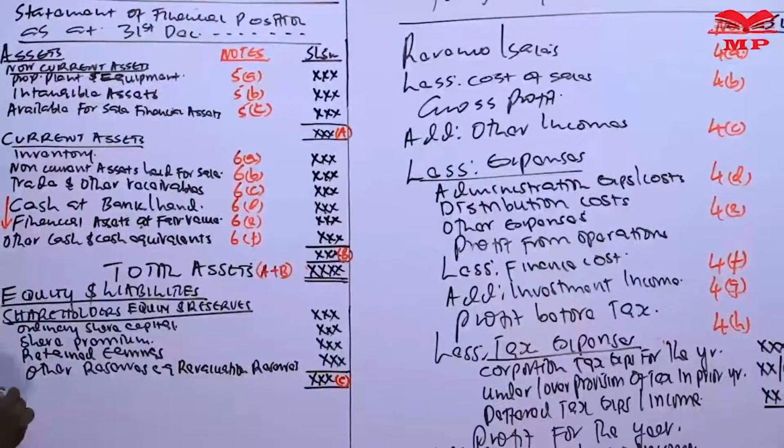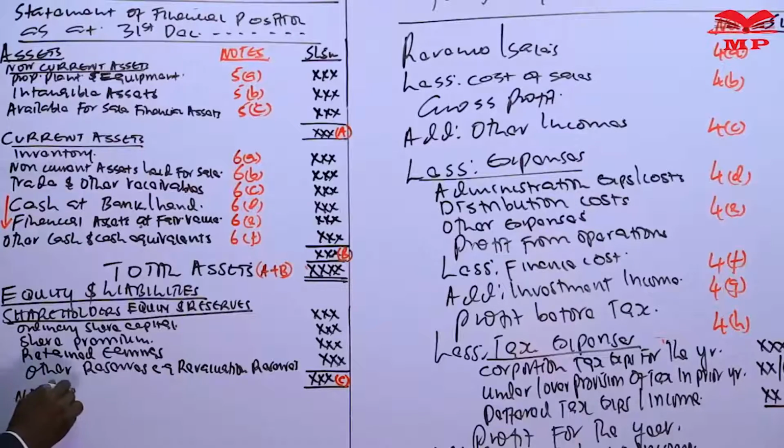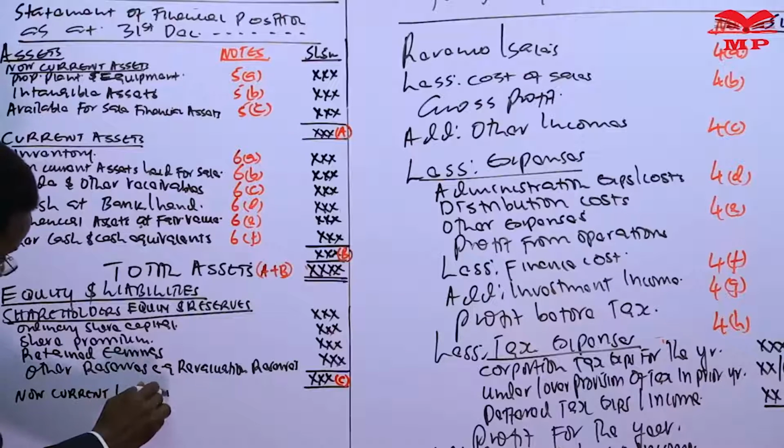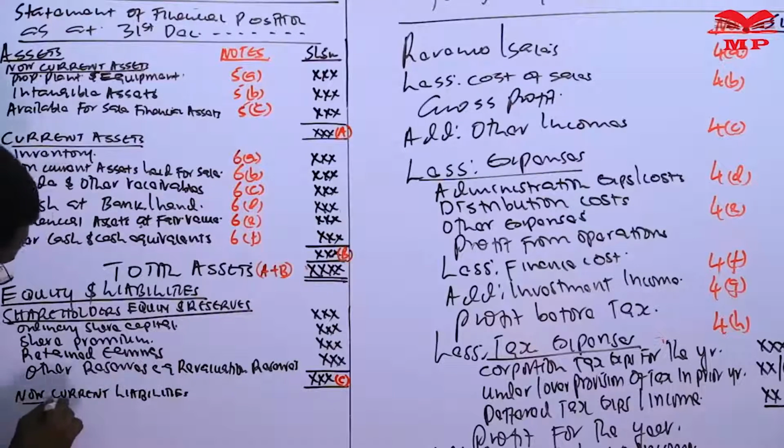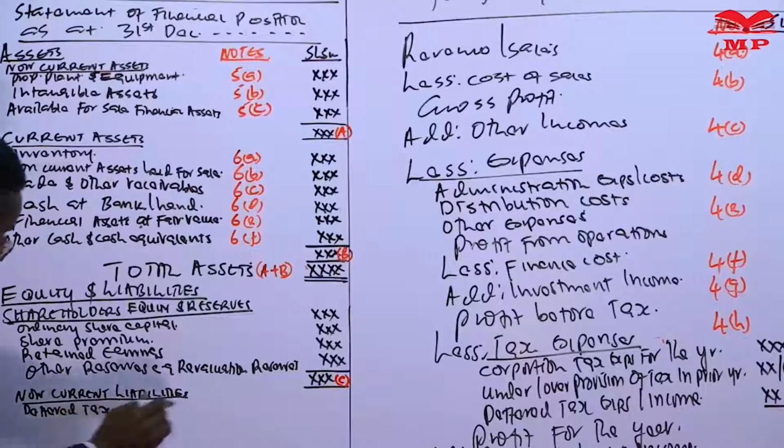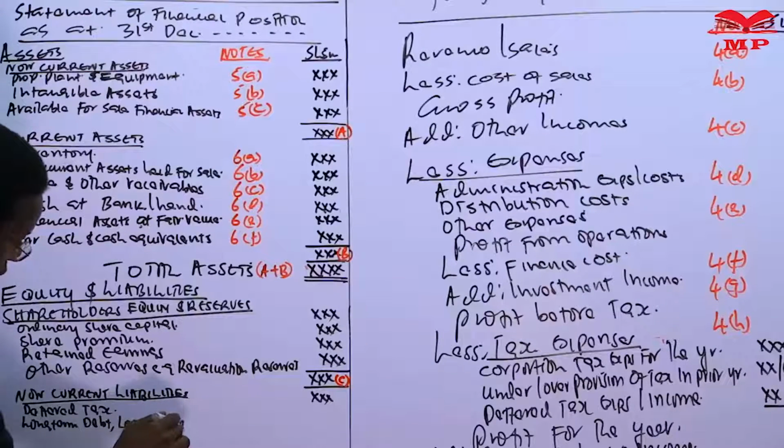Then we have non-current liabilities. Non-current liabilities will be items like deferred tax, we'll also have items like the long-term debt, loan stock, loans, borrowings.